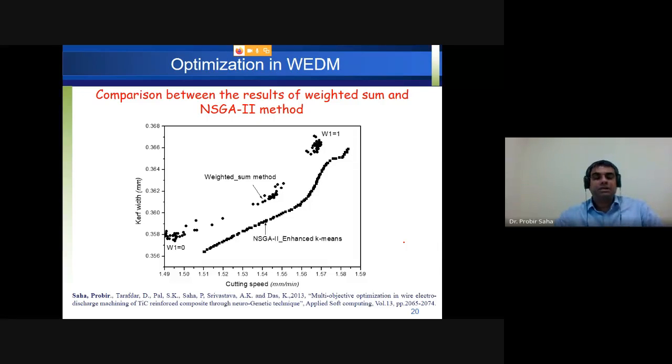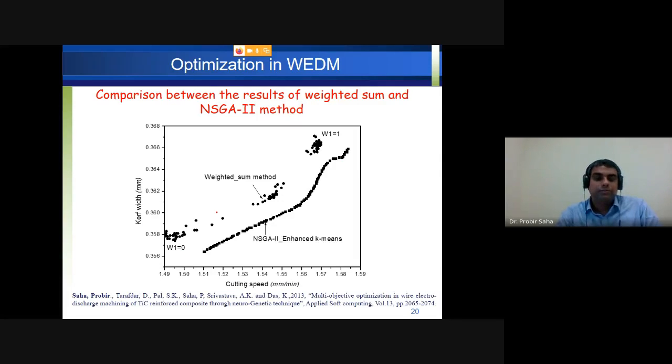Then I also wanted to check whether this method is indeed better than the weighted sum method or not. Kamal, probably you can remember, because we made one single objective GA also for your paper, right? The same single objective GA I have coupled with NSGA2. What I did, I converted the 2 objectives into a single objective first, and then introduced a weighting factor from 0 to 1.